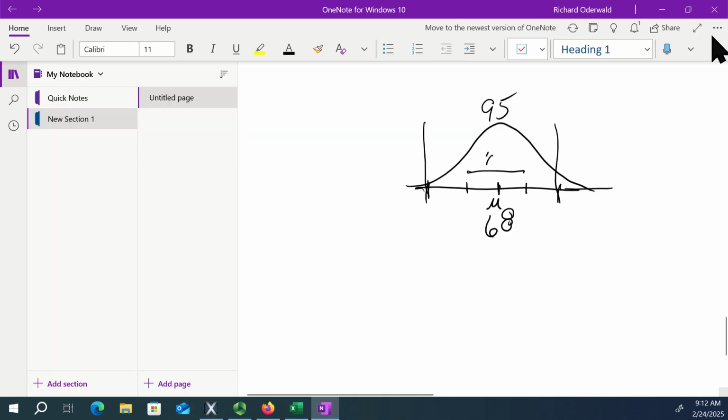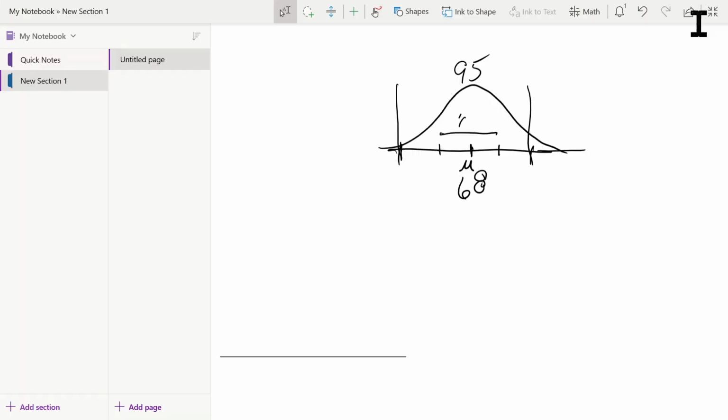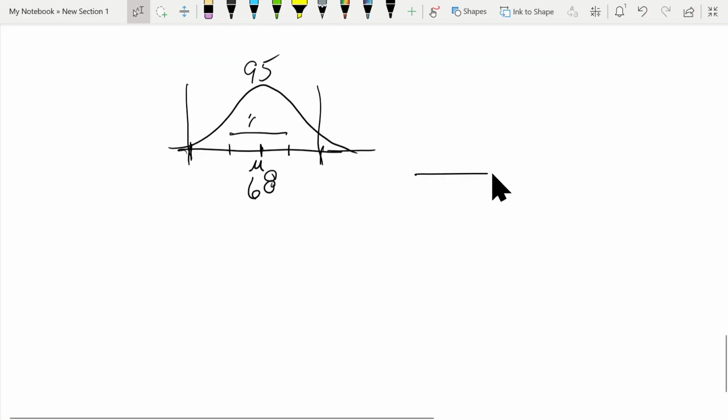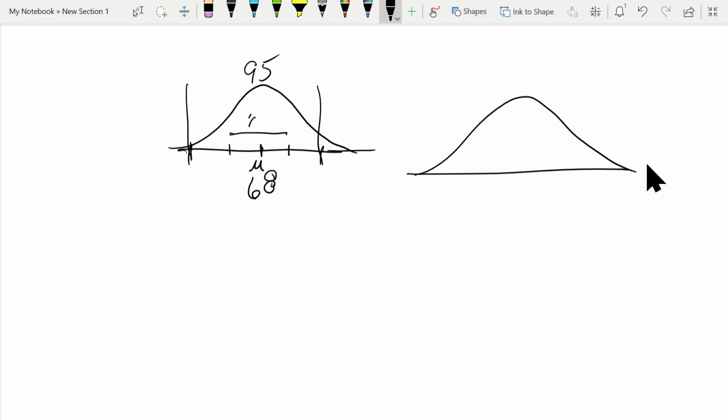So instead of what we've got here, norm.dist gives you the area up to some value that you specify. Right. This one, this is the middle, 95% here, 68% there.